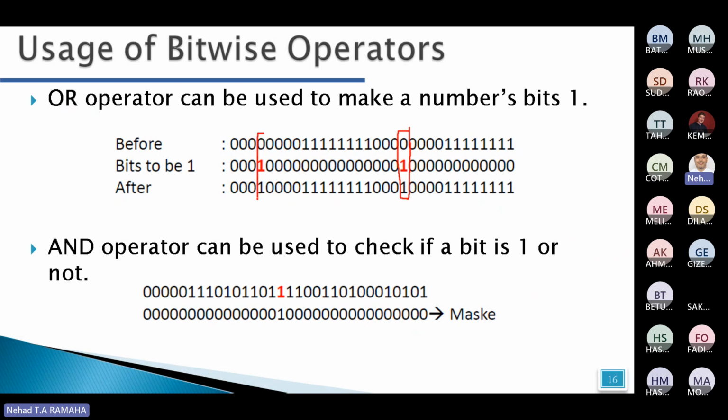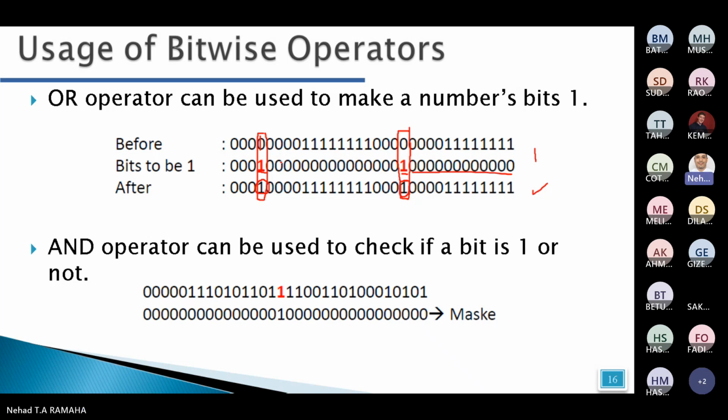We are sure now that this digit and this digit are 1. How? By making OR with all 0 except the position of this digit and the position of this digit as 1. So the result is the same number, except that you confirm that this digit will be 1 and this digit will be 1. What if it's originally 1? It will stay 1.